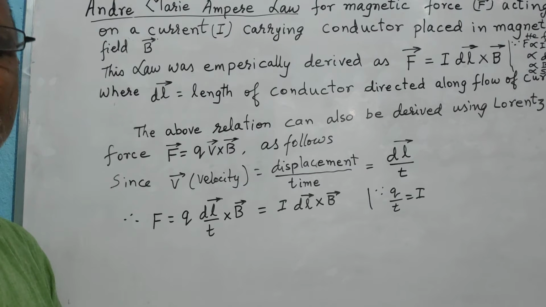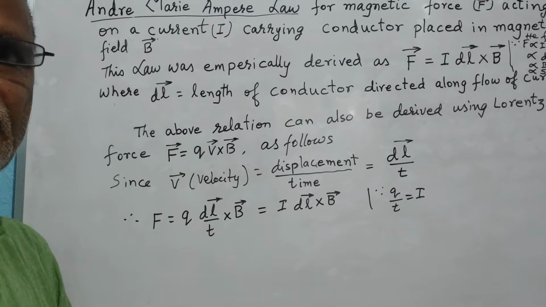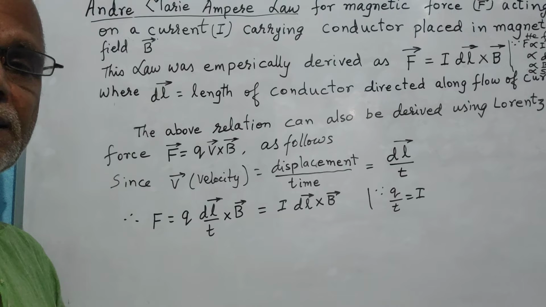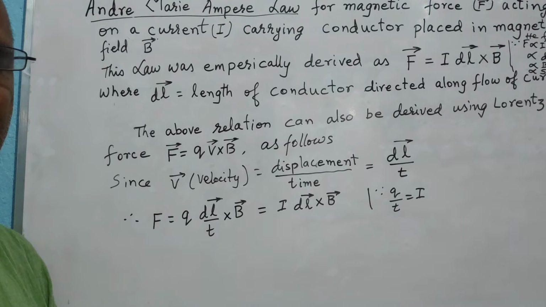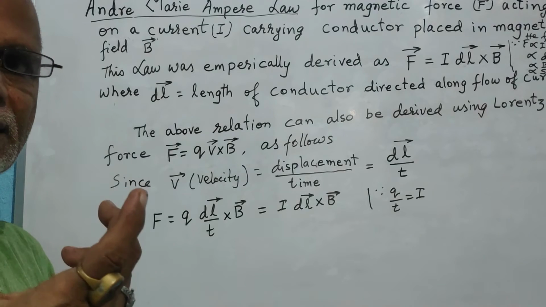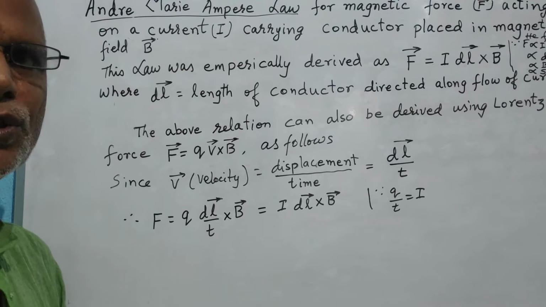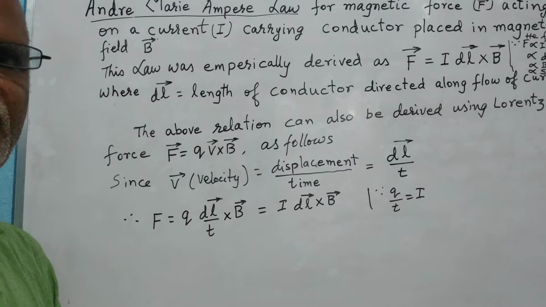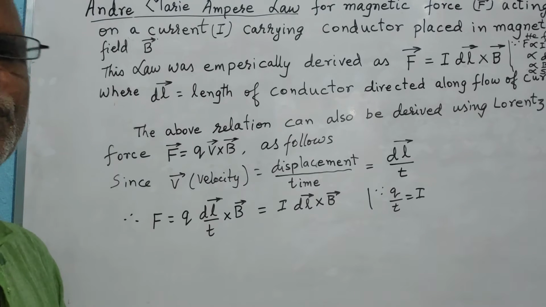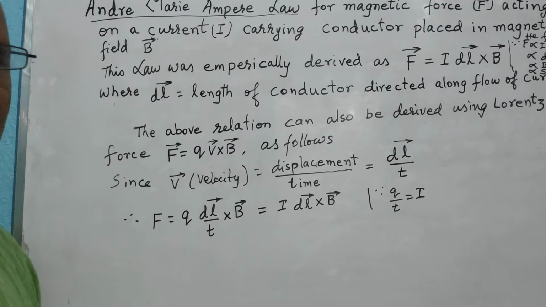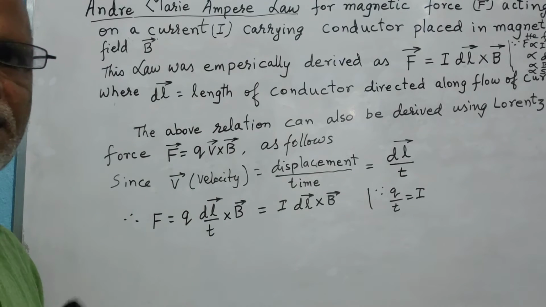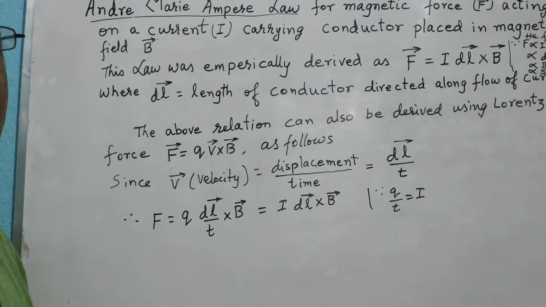And since the charge is within the conductor, it is not outside it, if the charge is experiencing some force, the conductor will also experience the same force. So this is the reason there should be some force acting on a conductor.